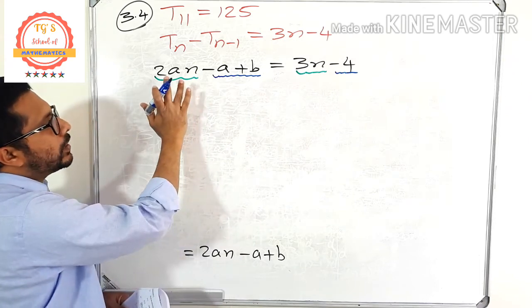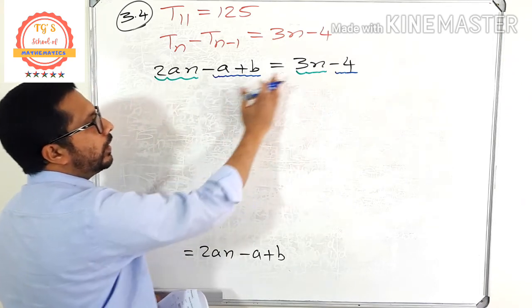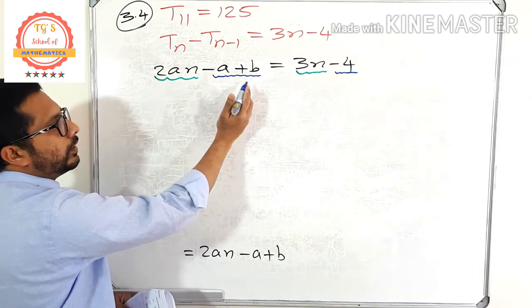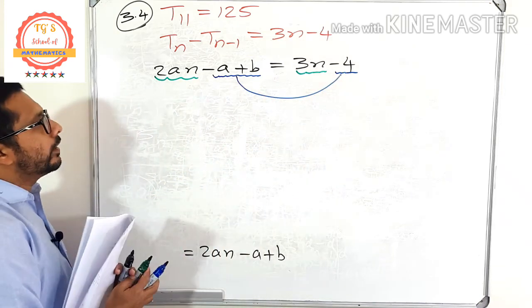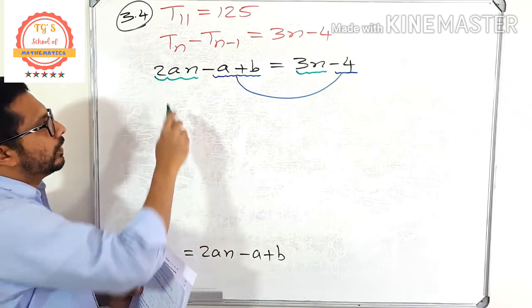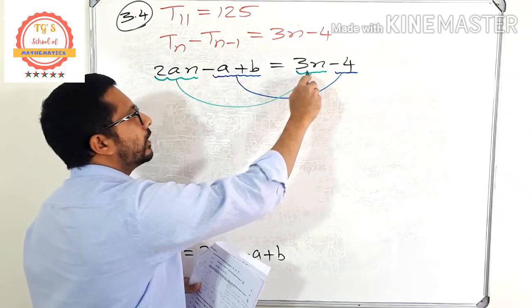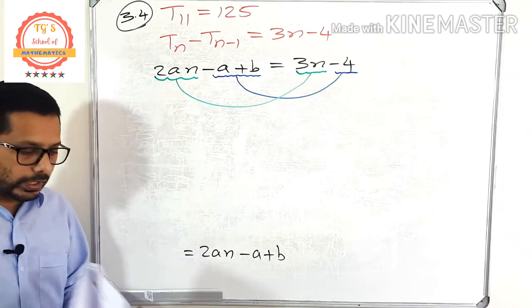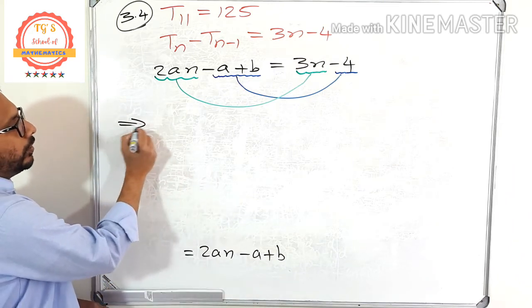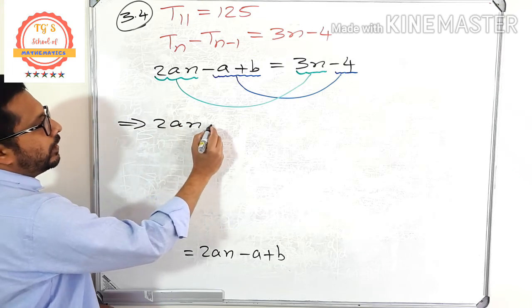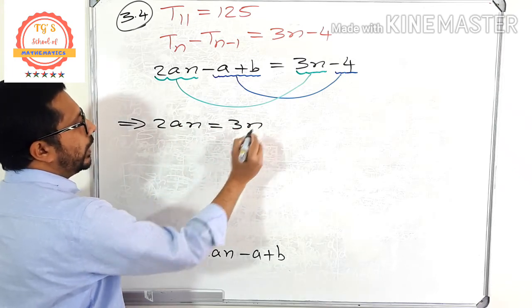So it means that this 2an is the same as 3n, and this minus a plus b is the same as minus 4. So let's write it like that. 2an, what is the meaning of that? 2an is equal to 3n.